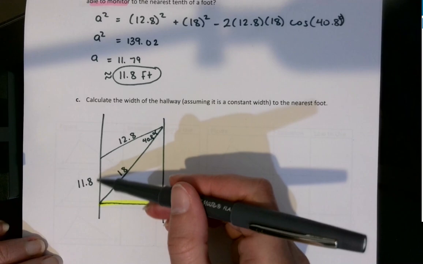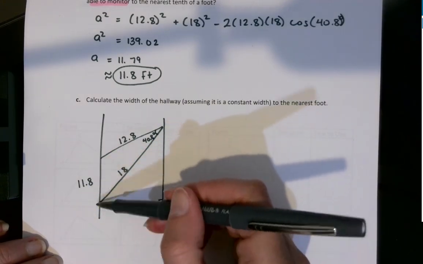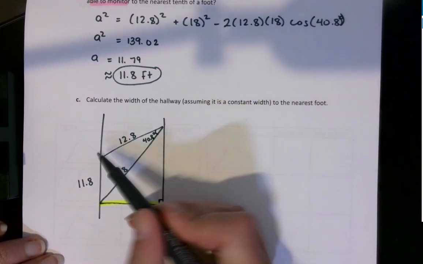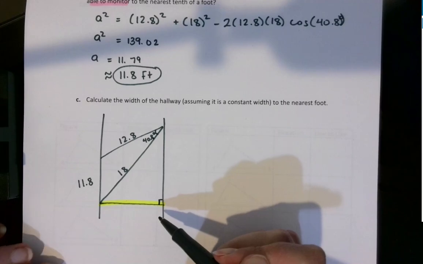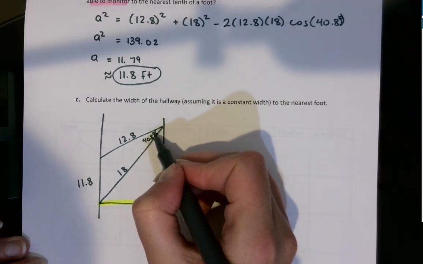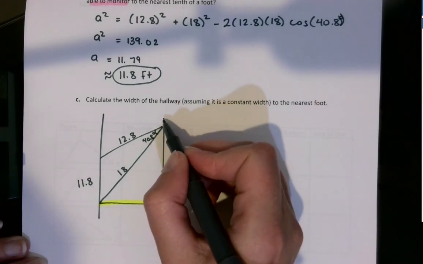This 11.8 does not go the full distance here. And this 12 has nothing to do with this triangle as well. This angle isn't going to help me get this one because there's also this gap up here.